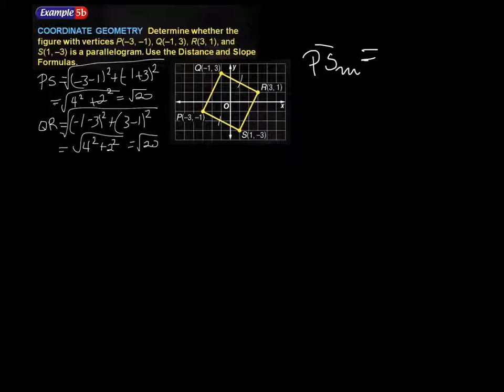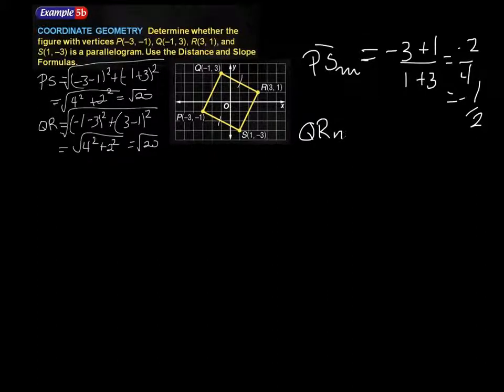So the slope of PS, we're going to do change in y, so -3 minus -1 over change in x. 1 minus -3 is -2 over 4, which I can't help myself, I'm going to reduce it, be -1/2. And we'll check QR as well.